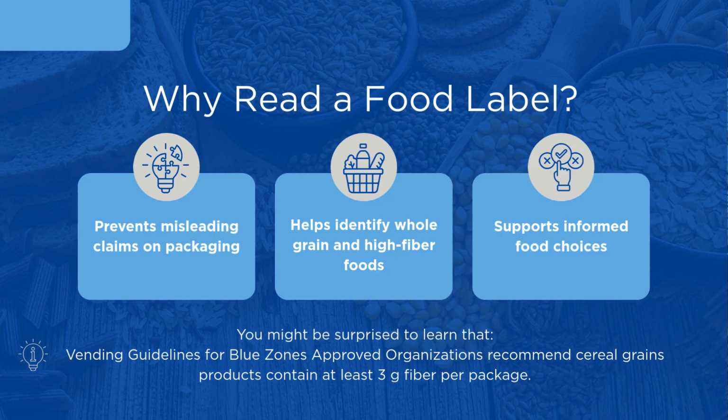A little fun fact is that if you are in a Blue Zone approved organization and your organization has vending machines that follow Blue Zone's guidelines, the recommendation is that cereal grain products in your vending machine should contain at least 3 grams of fiber per package. So, with this fun fact, I'll be able to tell you how to read these labels to make sure that you're getting your 3 grams of fiber per package.